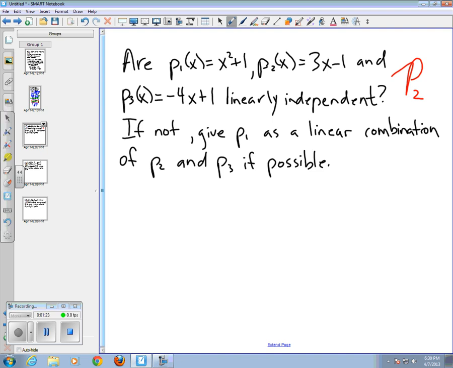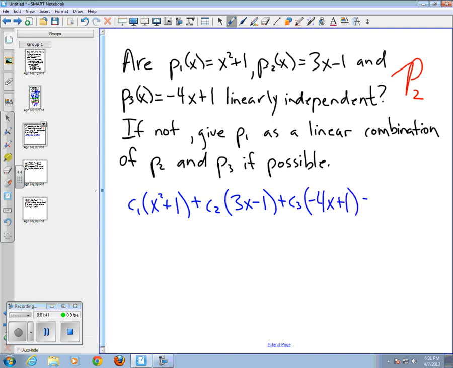linearly independent. So we set up the equation c1 times (x squared plus 1) plus c2 times (3x minus 1) plus c3 times (negative 4x plus 1). We set that equal to the zero polynomial, which is just the constant 0. Like before, we need to combine like terms. So we have c1 x squared.